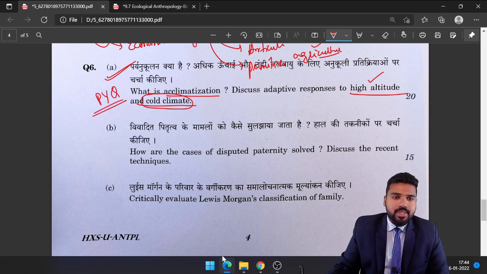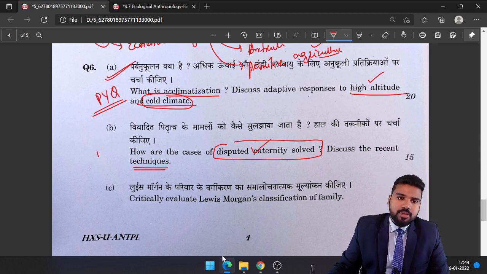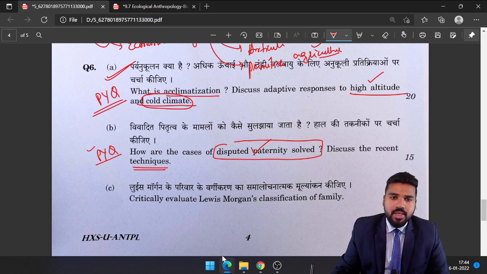Then question number 6, part B, how the cases of disputes related to paternity are solved, discuss the recent techniques. This we have also discussed in our class. You can depend upon your previous year questions answer writing as well. So here for paternity testing, क्या क्या different techniques are there, how they are solved.